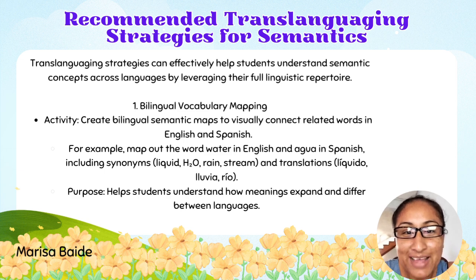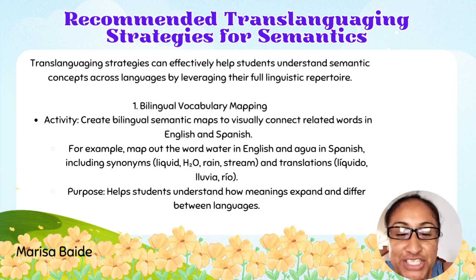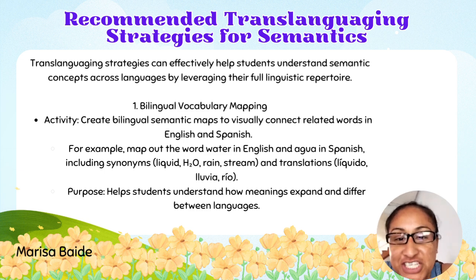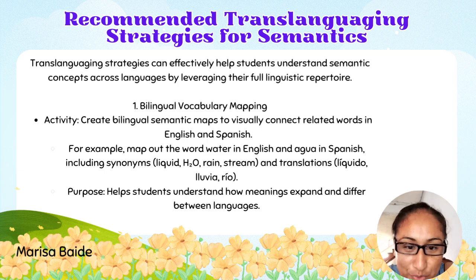Now, in looking at our recommendation for translanguaging strategies when using semantics, translanguaging strategies can effectively help our students understand semantic concepts across languages by leveraging their full linguistic repertoire. One, bilingual vocabulary mapping.